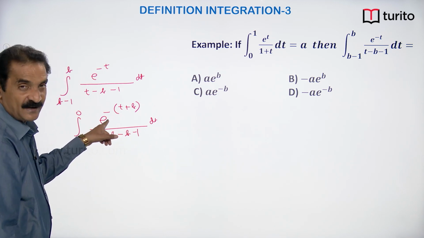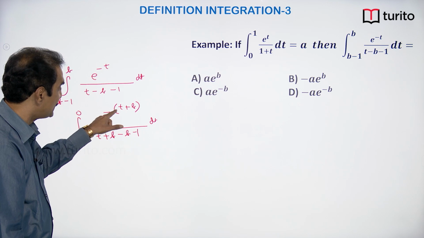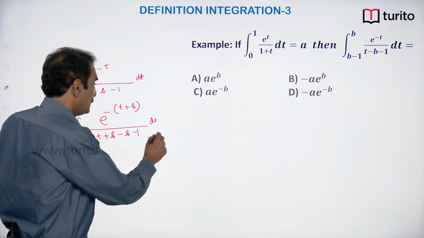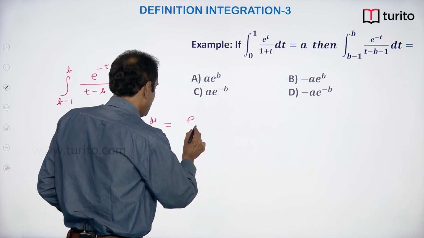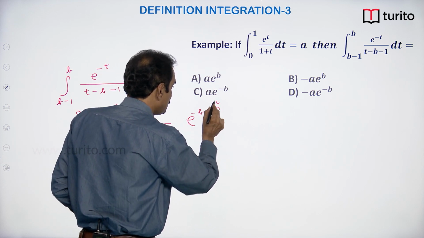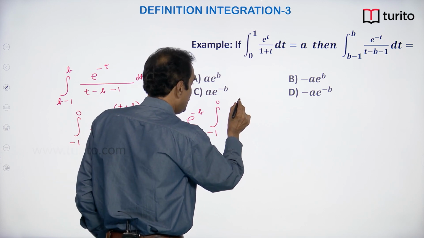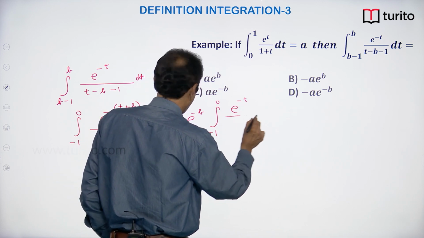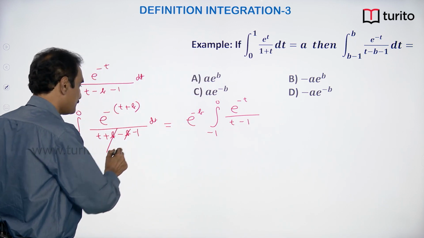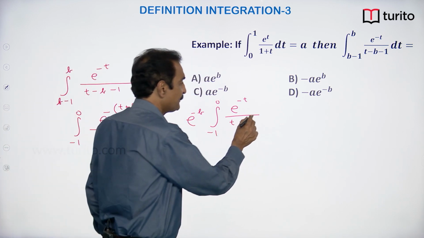Now, from the numerator you can write e power minus t into e power minus b. You can take out e power minus b. It becomes e power minus b integral minus 1 to 0 e power minus t by t minus 1, here b cancels, dt.